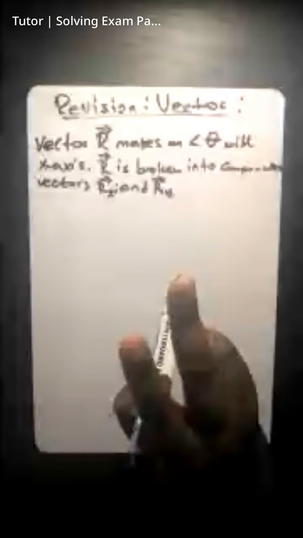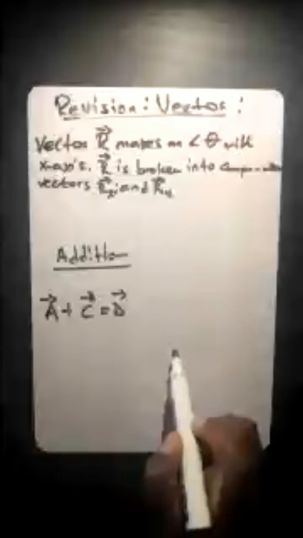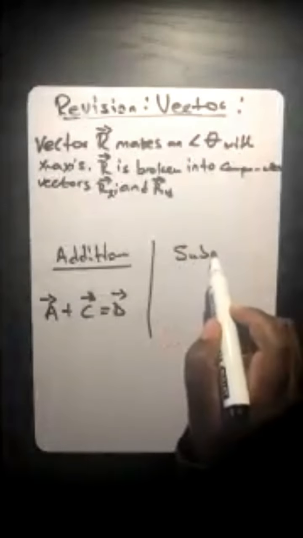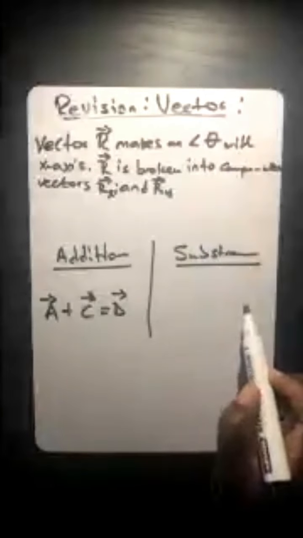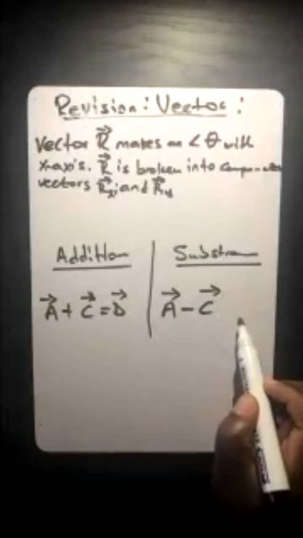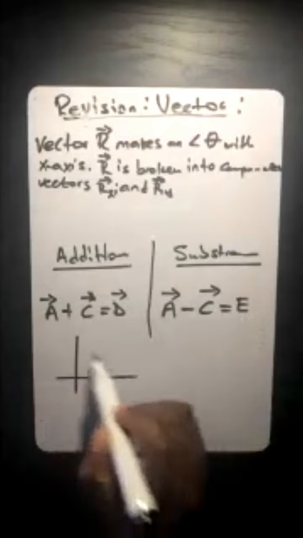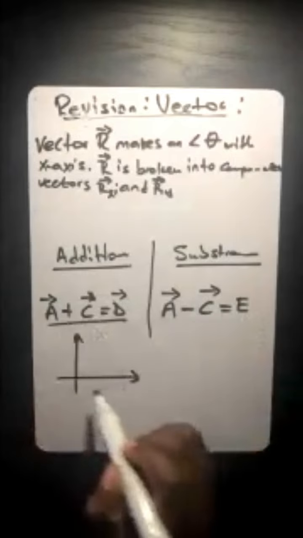I'm not sure of how else to explain that part, but we firstly explained addition. So we ended up having vector A plus vector C being equal to vector D. So now the second part that I was explaining was for subtraction. Obviously, when you subtract, it's going to be vector A subtracting vector C being equal to E.